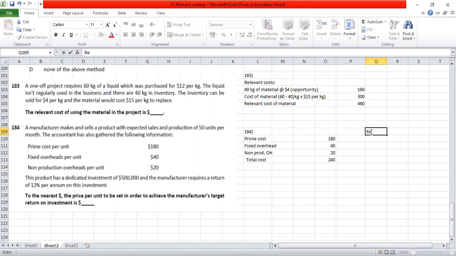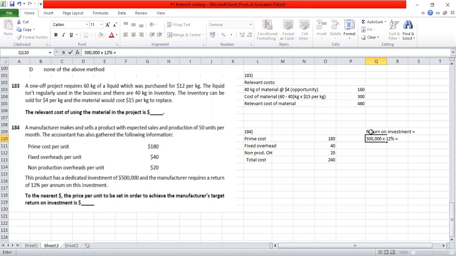Return on investment is equal to 500,000, the investment. The total investment is 500,000. The expected return is 12%. So that comes out to be the total amount of return.